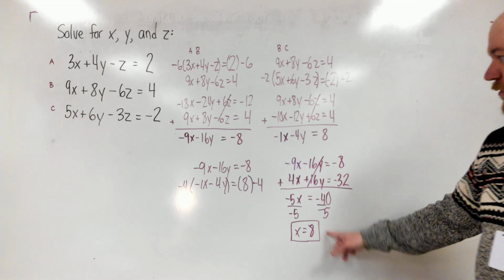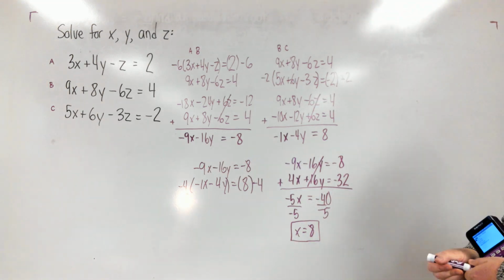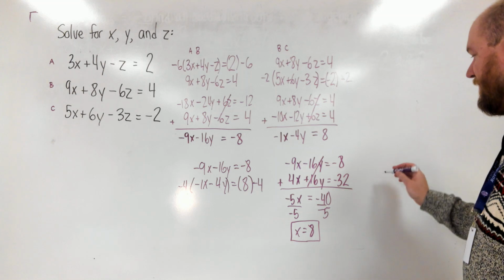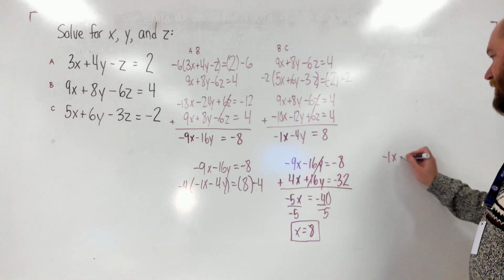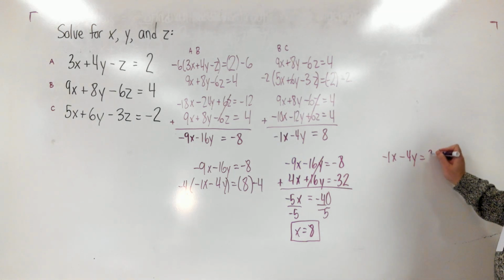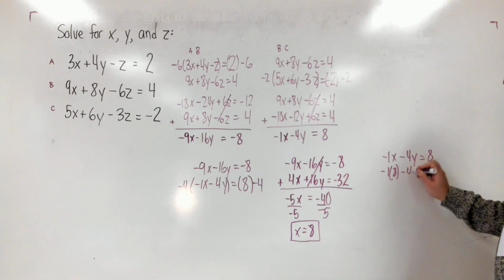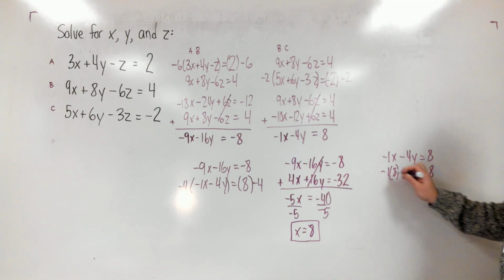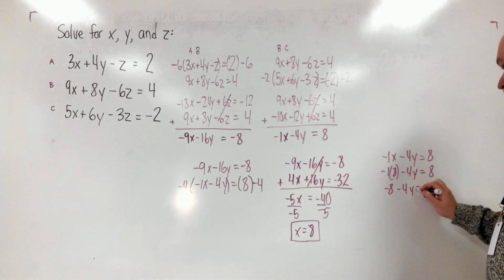So let's go back to one of these equations to get y. Because now that I know x is 8, I'm going to change x to be 8 in this problem. So negative 1 times 8 is negative 8, minus 4y equals 8.